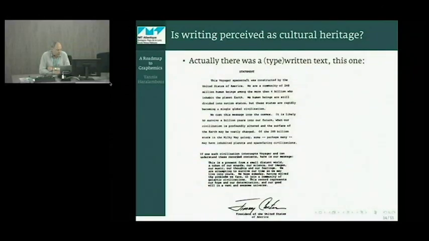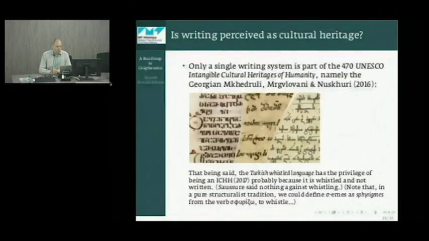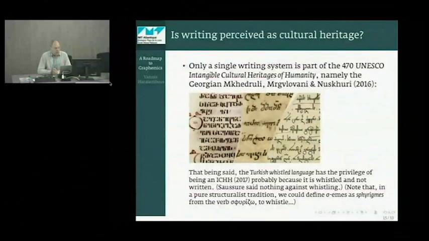So this is the only typewritten text representing the human race in space. So I will not even enter the content. The form already shows you the level of this. And take another example, the UNESCO Intangible Cultural Heritage of Humanity. There are 470 different cultural heritages, and only one is a writing system. And it's not even Korean Hangul.